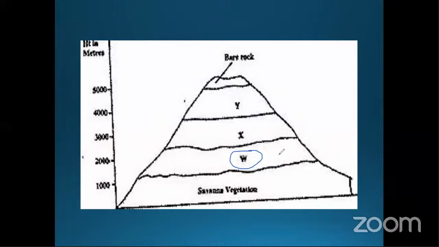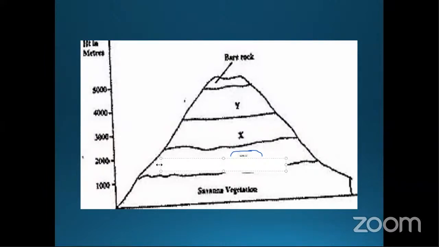So members, as you move from low altitude and then you start moving up, you will start with savanna, then mid equatorial or rain forest.